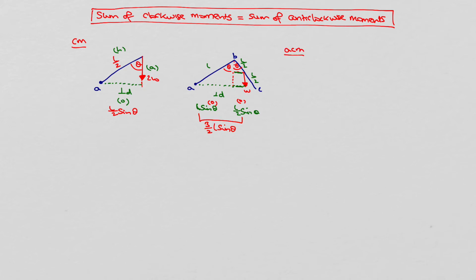If I'm looking at the anti-clockwise moment, I'm looking at the reaction force at C. So again, I have my fulcrum point A, the rod B, and then down to C. Therefore, the reaction force is this force here, S, acting up. And the perpendicular distance from the line of action of the force is going to be this line here.